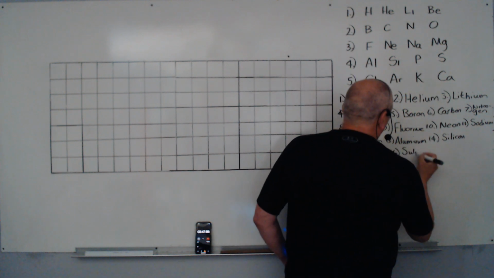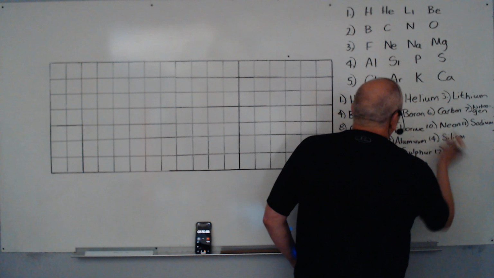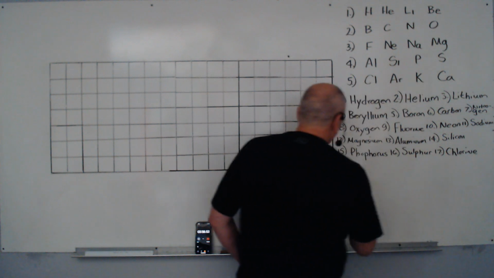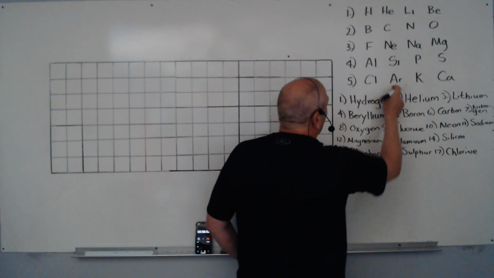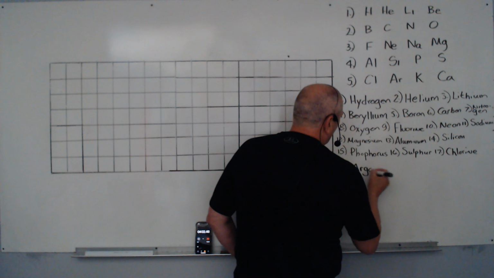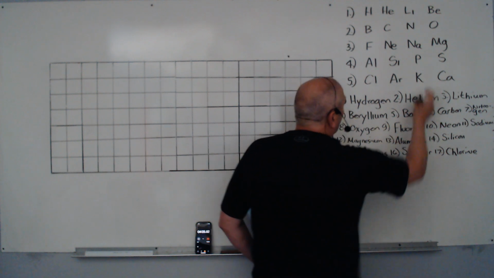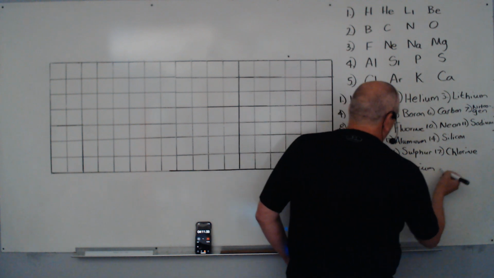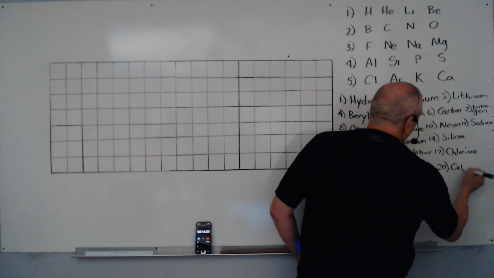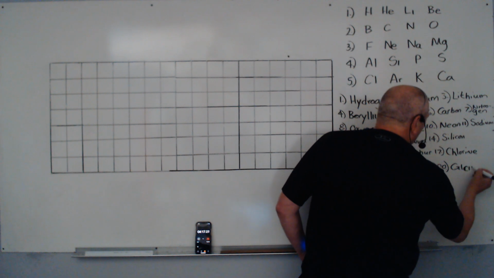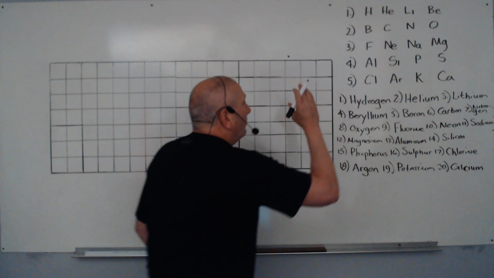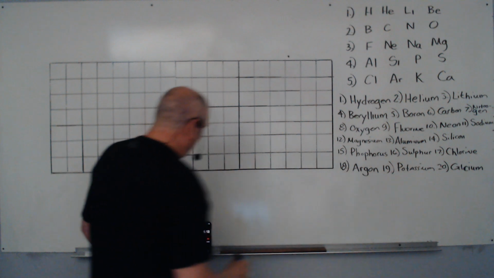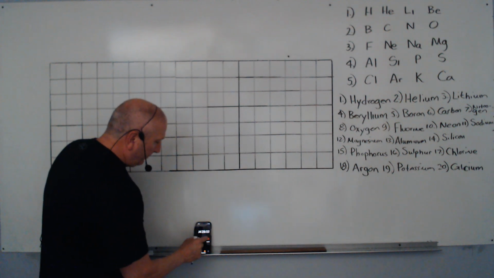Sulfur, now chlorine, 18, argon, 19, potassium, and then of course calcium. So there we have 5 words, 20 elements, 5 minutes or less. Look, it just hit 4.5, so we'll stop there.